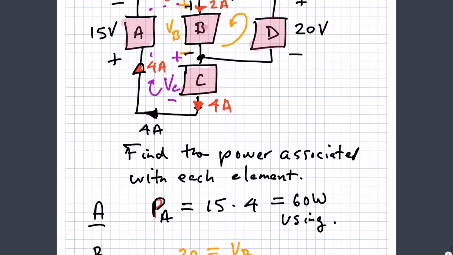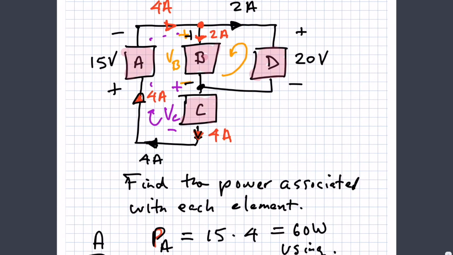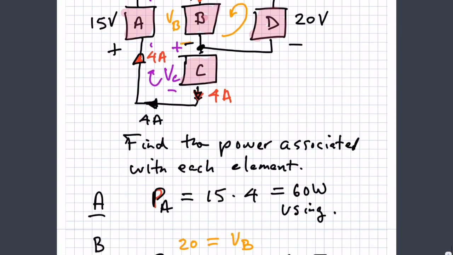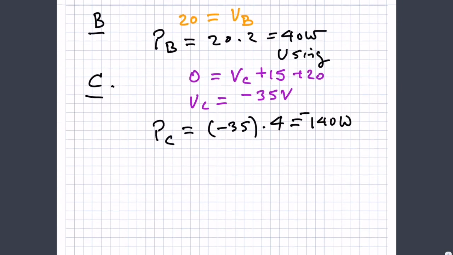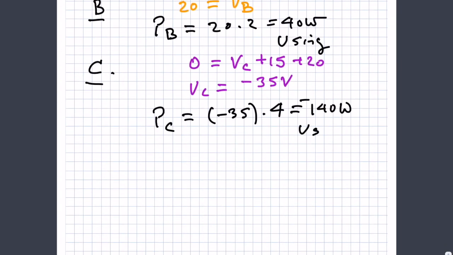And the sign convention I'm using, here's the current, it's going in the direction of a drop, it goes from plus to minus. And so that's the passive sign convention. So it's using minus 140 watts, which is the same thing as 140 watts supplying. So you see the signs take care of themselves.